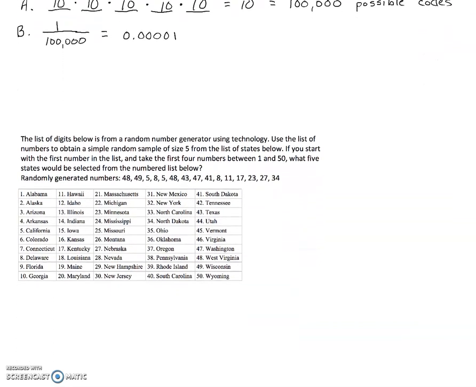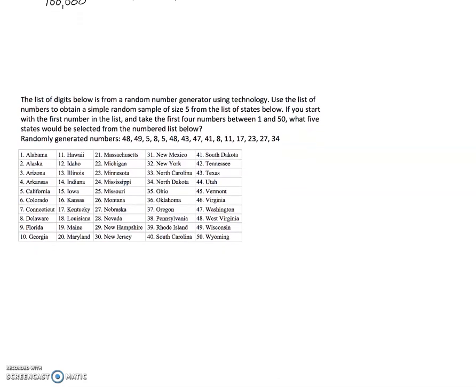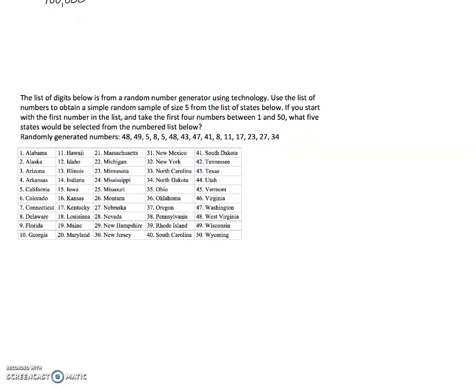The next one I wanted to cover involved getting a random sample using that random number generator. So we've been given a list of randomly generated numbers, and they want us to use that list to obtain a simple random sample of size 5 from the list of states.